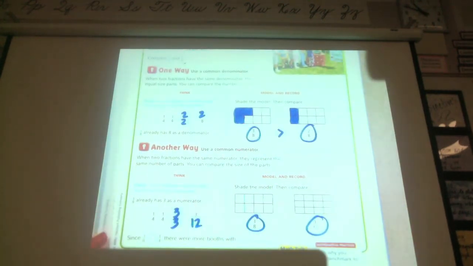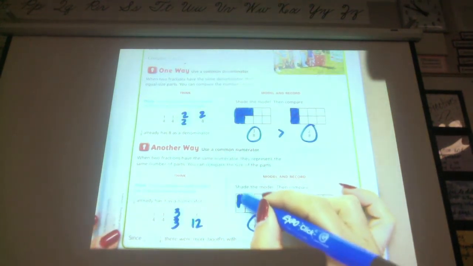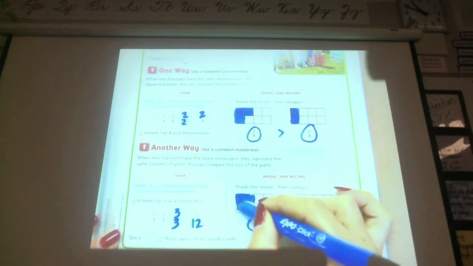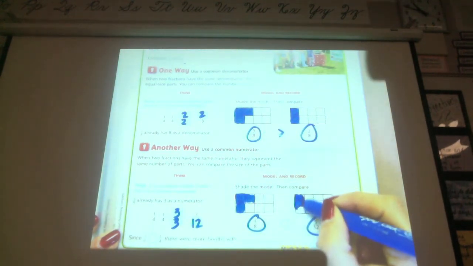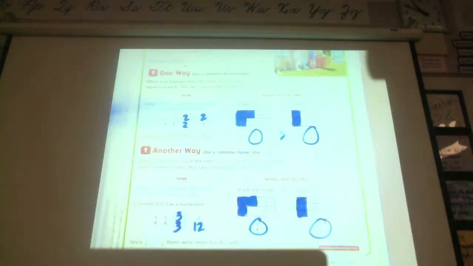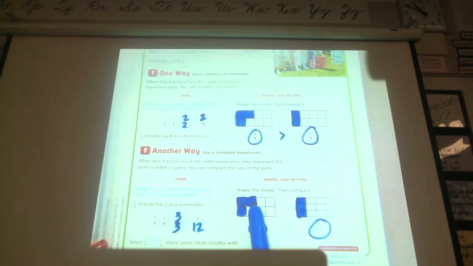And now I'm going to shade my model, 3/8 and 3/12. Go ahead and do yours. All right, we have a model to look at. Looking at the model, can you tell which fraction is greater? Yes. What is it? 3/8 is greater. See this right here?